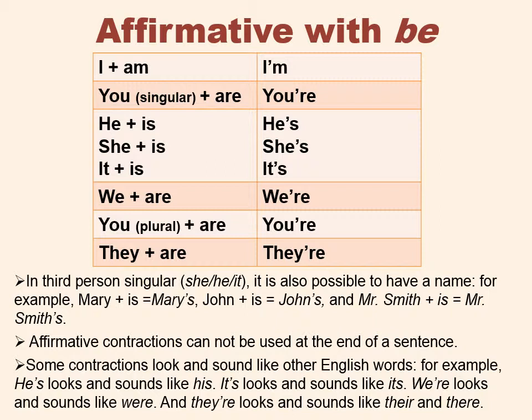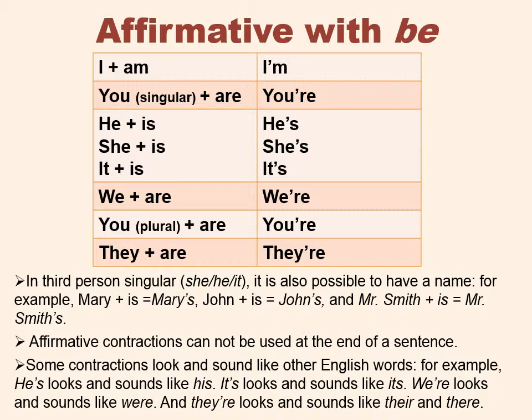It's, the contraction of it is, looks and sounds like its, the word its, that's not contracted. We are, we're, looks and sounds like were. And the contraction of they and are, they're, looks and sounds like their and there.